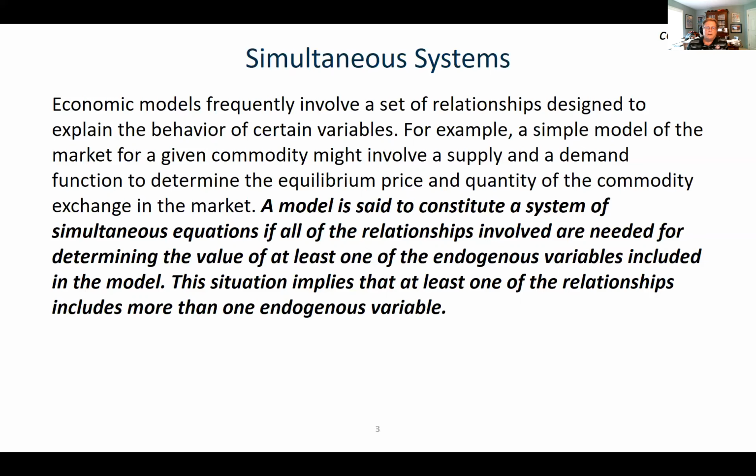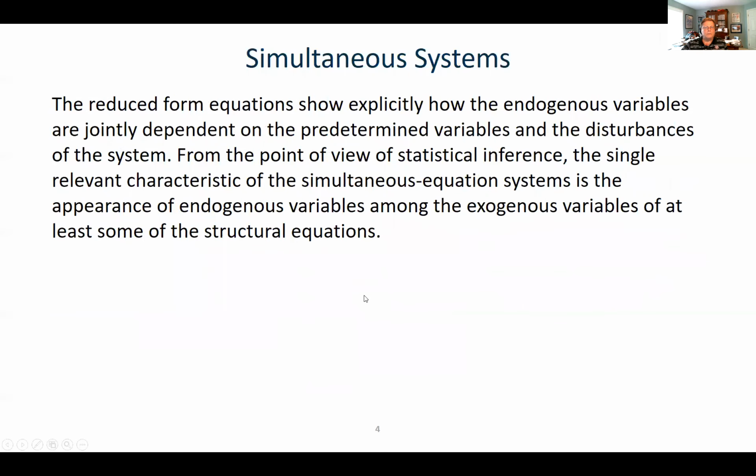And a model is said to constitute a system of simultaneous equations if all of the relationships involved are needed for determining the value of at least one of the endogenous variables. So we're going to have more than one dependent variable, but what we're going to find out is that some dependent variables are going to be on the right-hand side of certain equations.